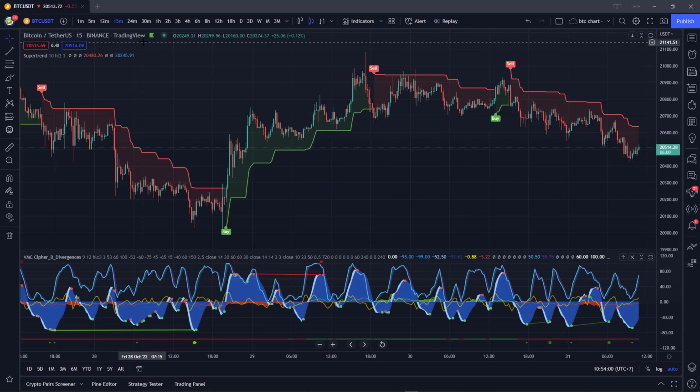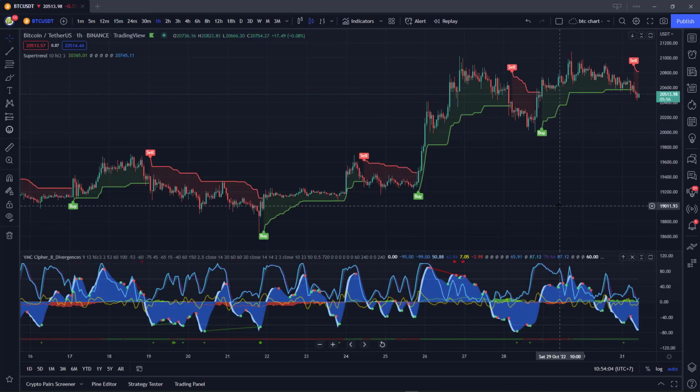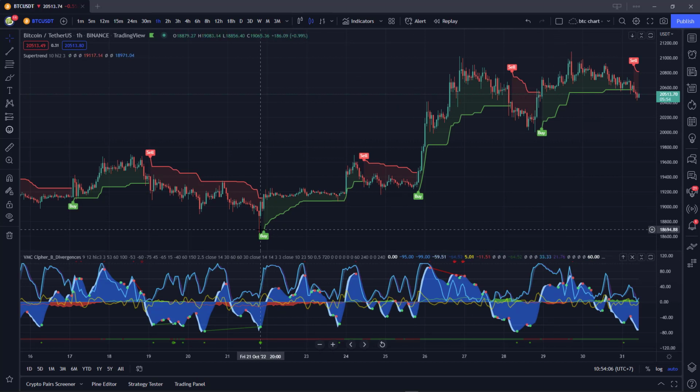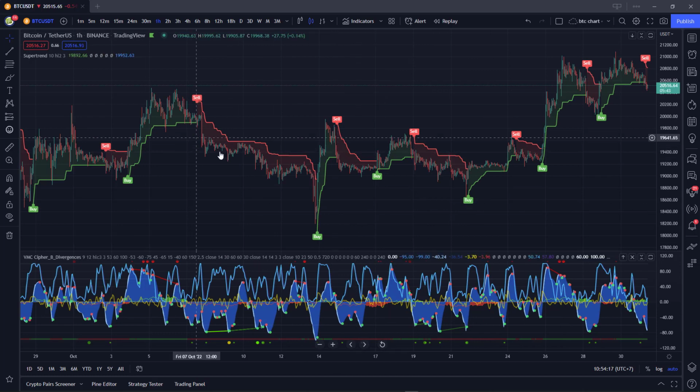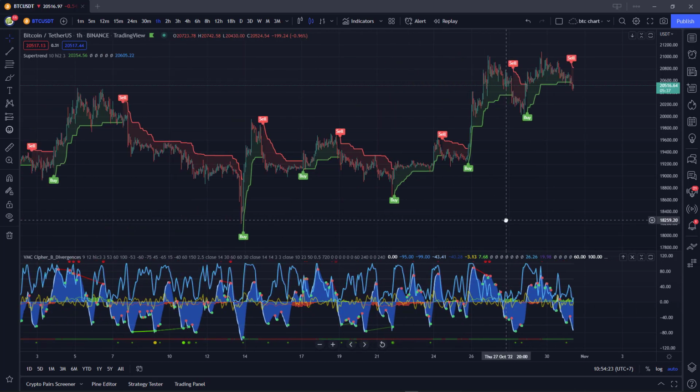Now let's have a look at a higher time frame. Okay, so this looks a little bit more interesting. Obviously Bitcoin has pumped in the last few days, so many a time you're going to get these sideways trading situations.